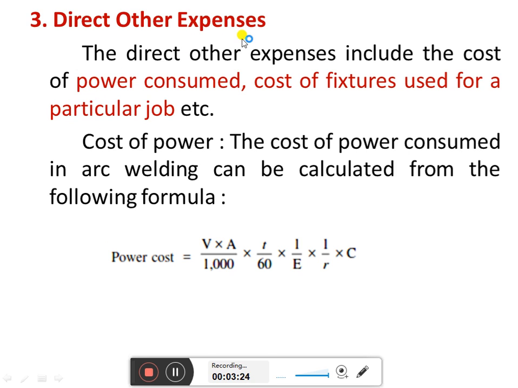Now direct other expenses. The direct other expenses include the cost of power consumed and the cost of fixtures used for the particular job.